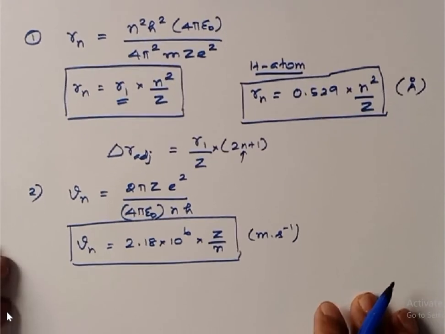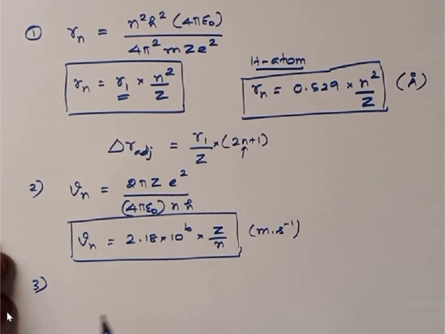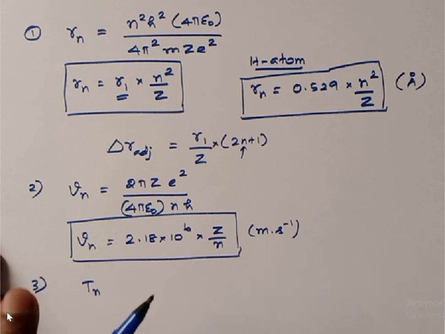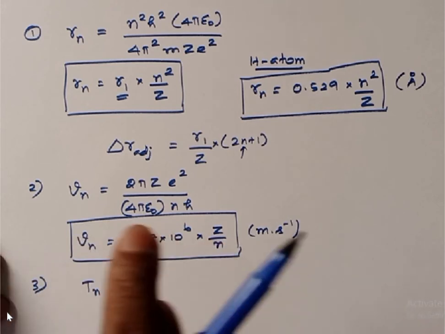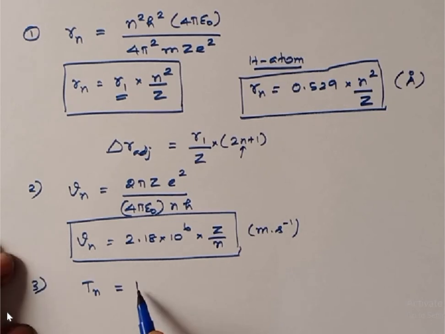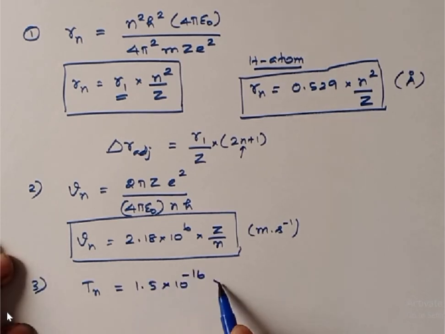Then we also derived the expression for the time period of revolution. Time period of revolution means the time taken for an electron to complete one cycle in the orbit, which is given as 1.5 into 10 to the power minus 16 n cube by z square.